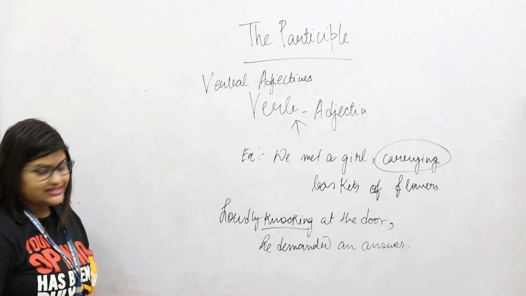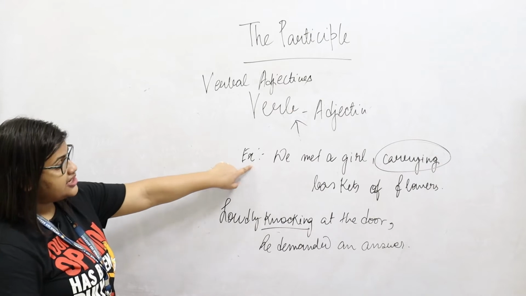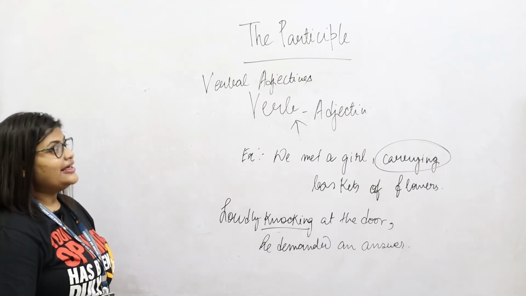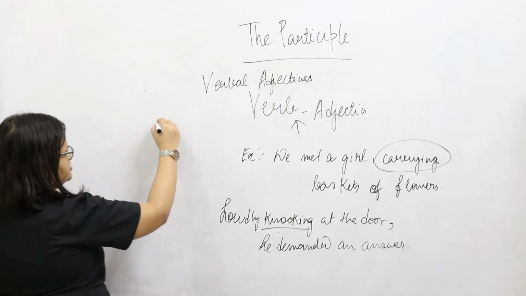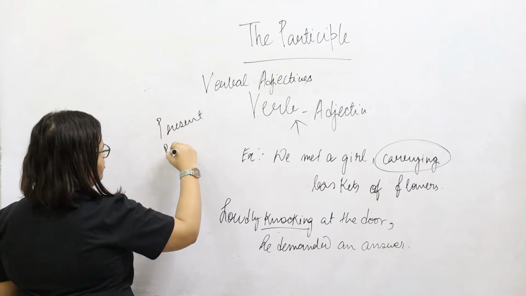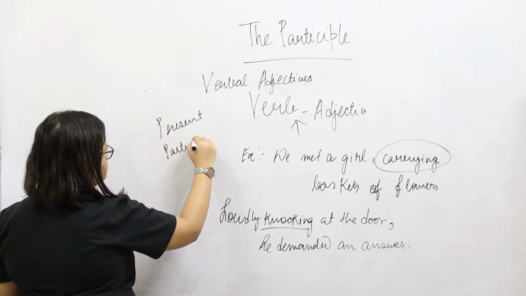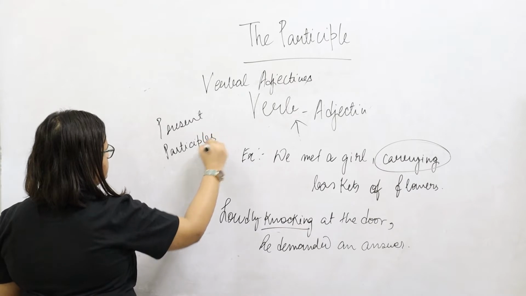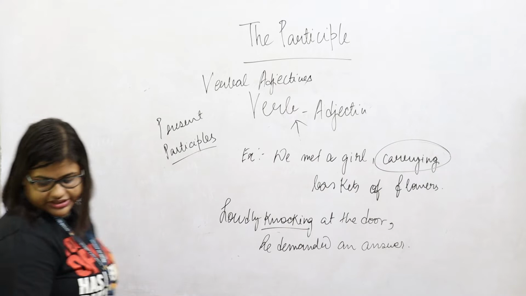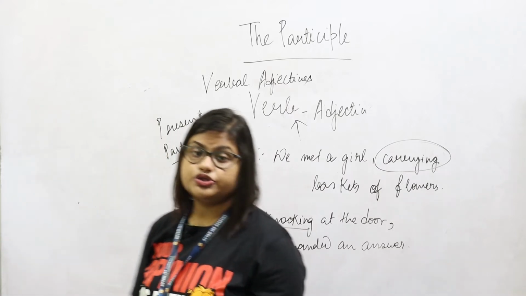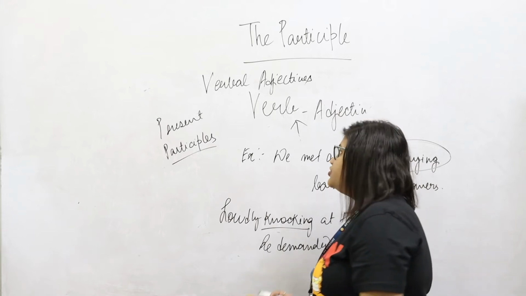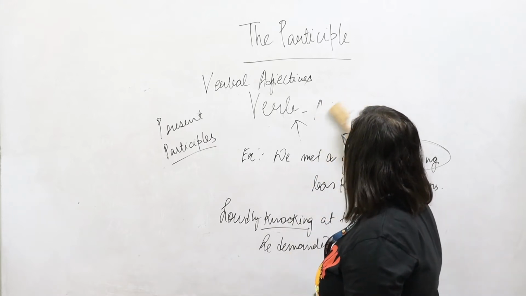But remember, when we are using the ing form, we are talking about the present participles. Right. So these are the present participles. However, participles are also used in the past. We will now look at a few examples of the past participles.